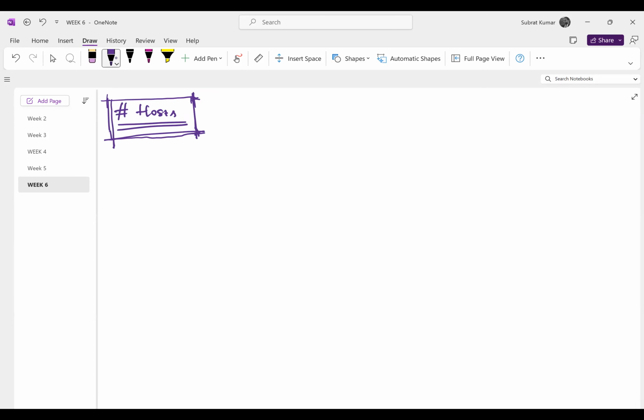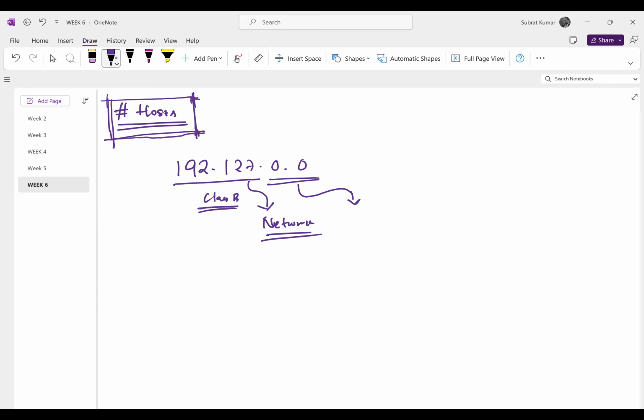If a network is like, let's say, 192.127.0.0, and let's say this is a class B address, this represents your network part, which network this IP address belongs to, and this represents the host it belongs to.